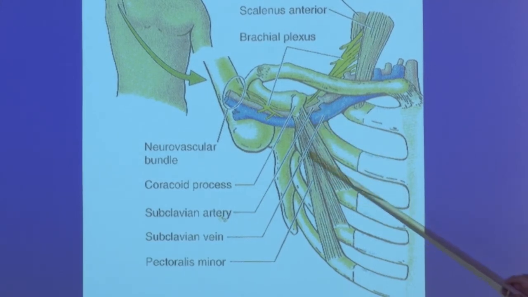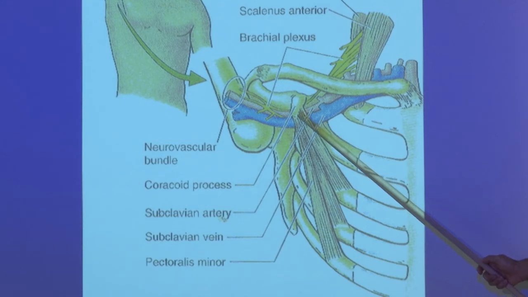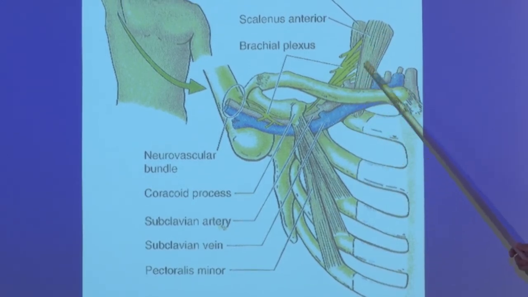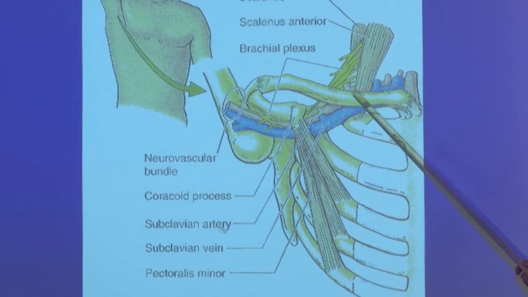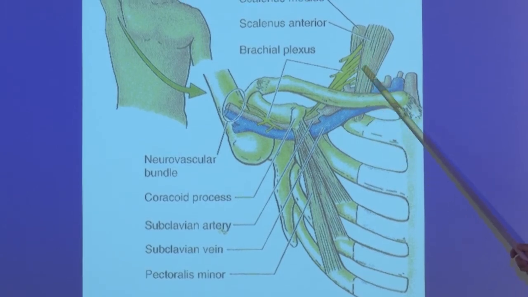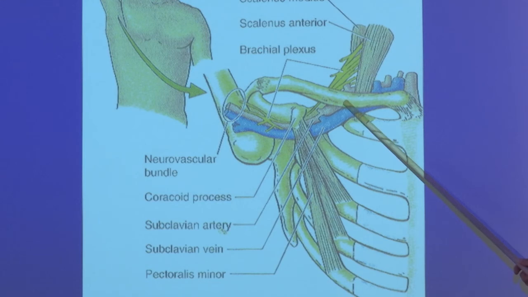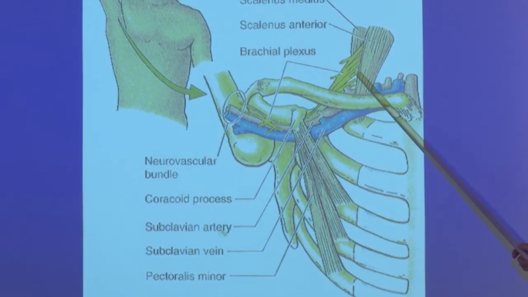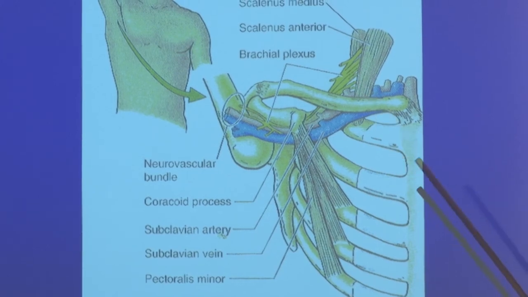All those could potentially cause a problem in the long haul. And then one other thing I might mention here in the scalene triangle is some people have what's called a cervical rib that comes up here from C7 down to T1, and that could potentially impinge on the brachial plexus as well.